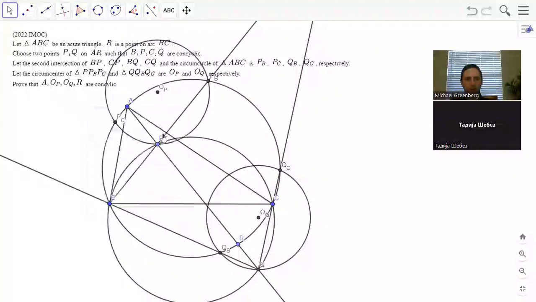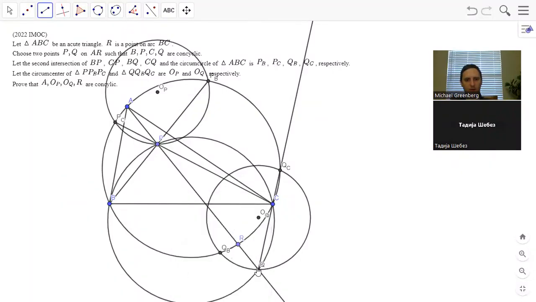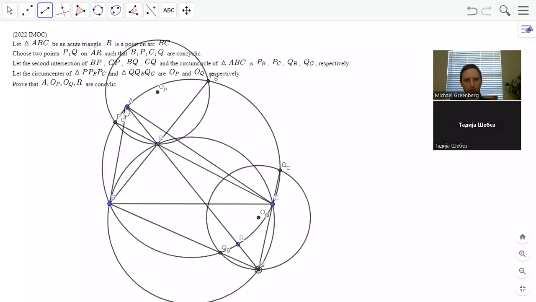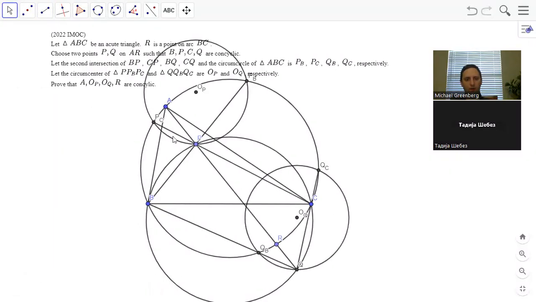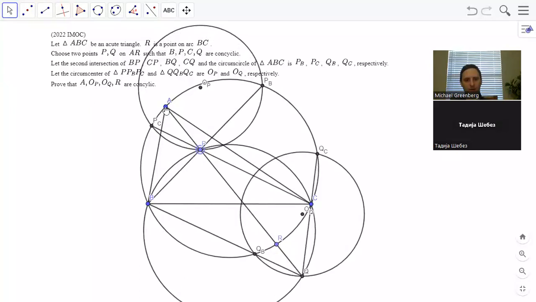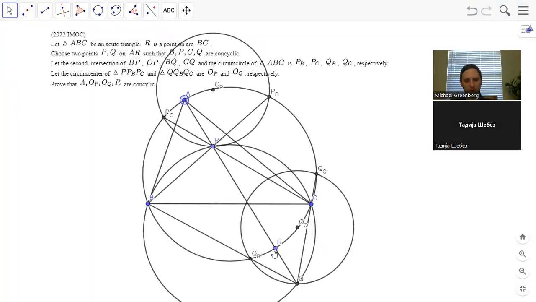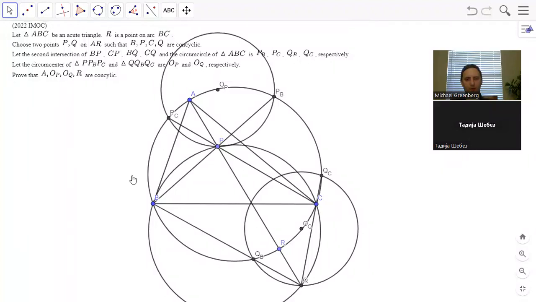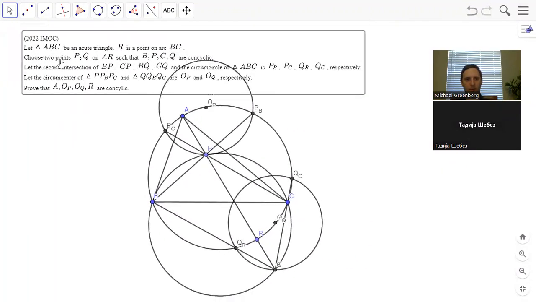All right, let me make this look nicer. Yeah, it might overlap the problem statement, but oh well, unless I shrink it a lot.